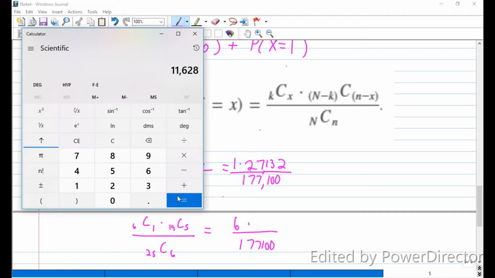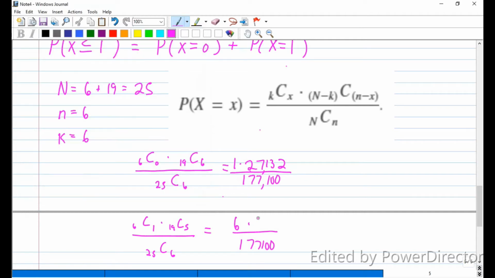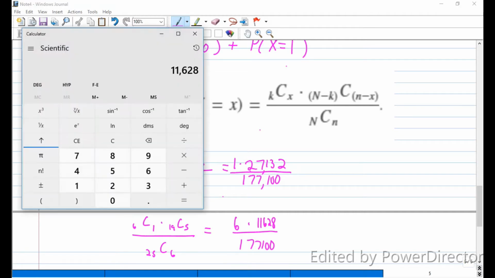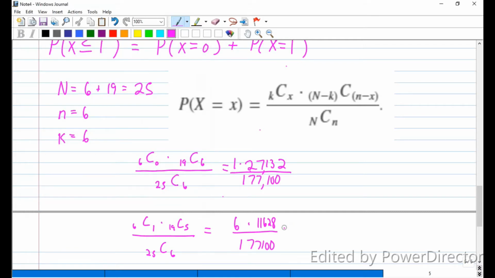So 11,628. All right, so that's 69,768 divided by 177,100.